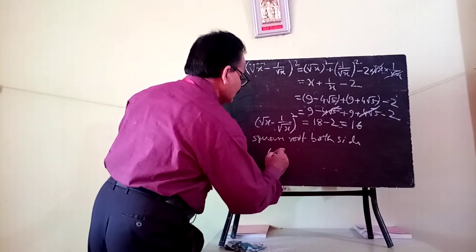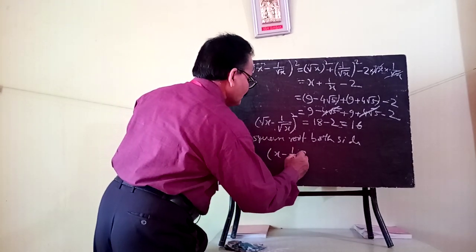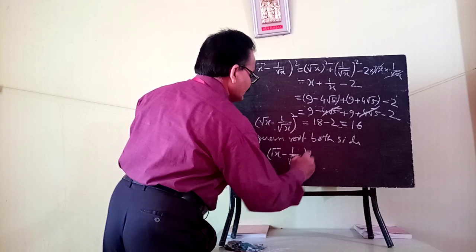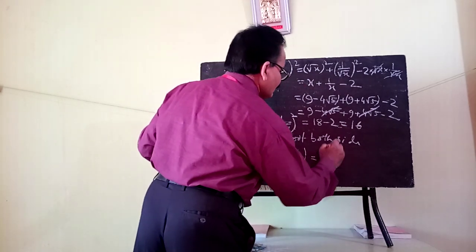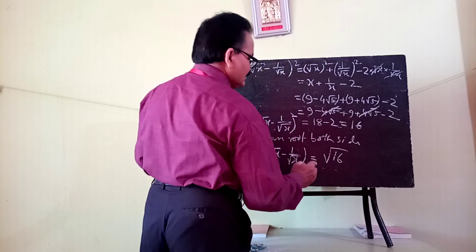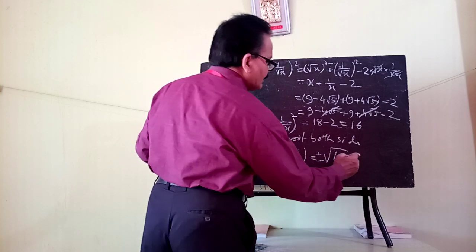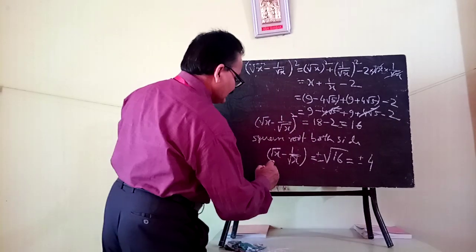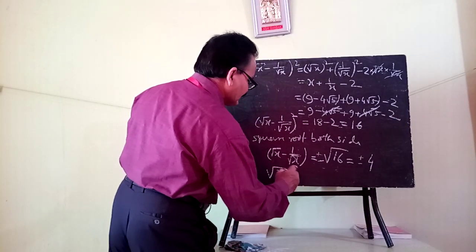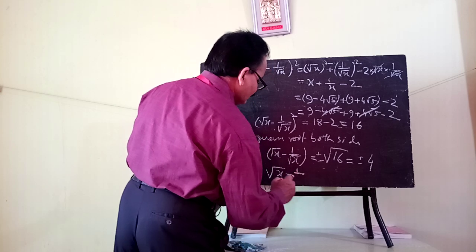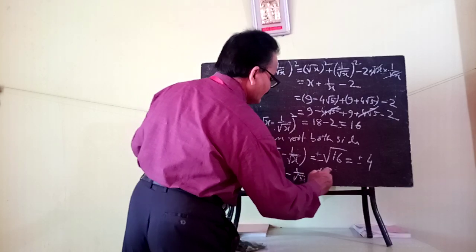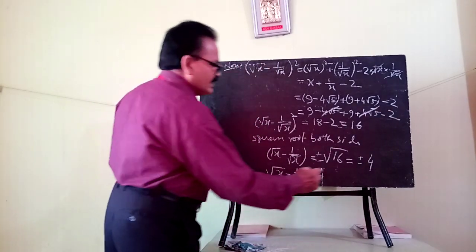So that means square root of x minus square root of 1 upon x equals square root of 16, plus or minus whatever it may be. So this will be plus minus 4. We will take it as positive, so square root of x minus square root of 1 upon x will be equal to 4. So this is the answer.